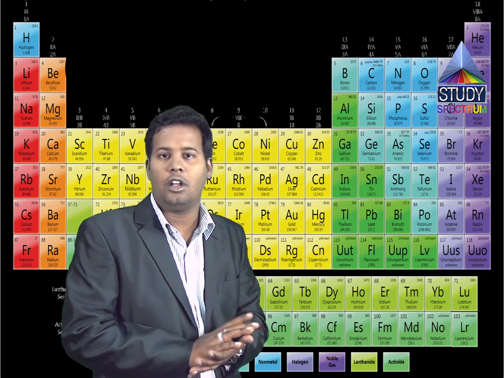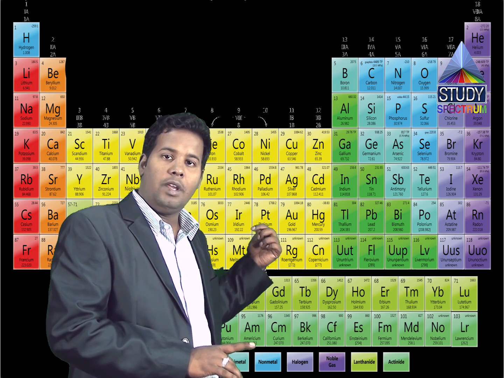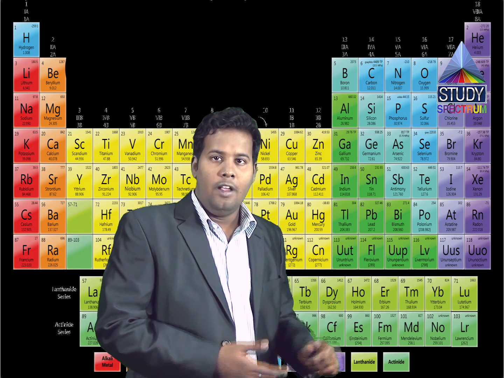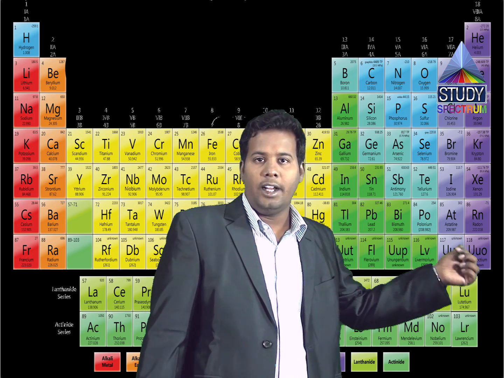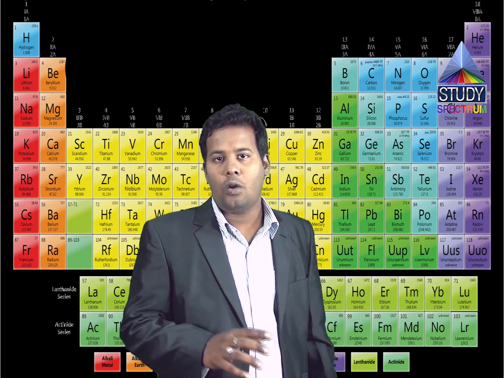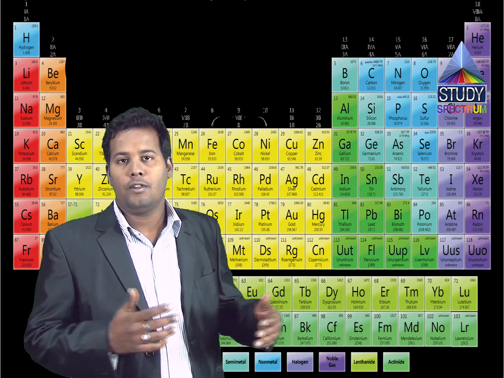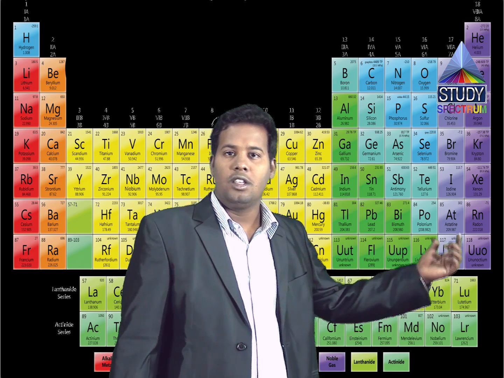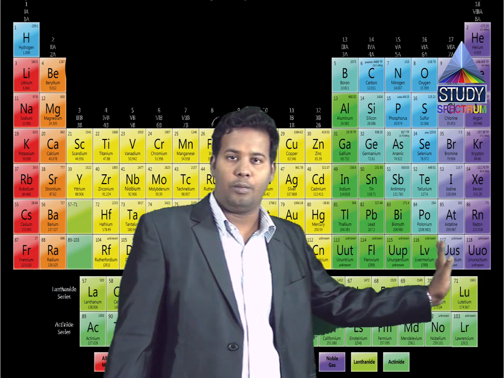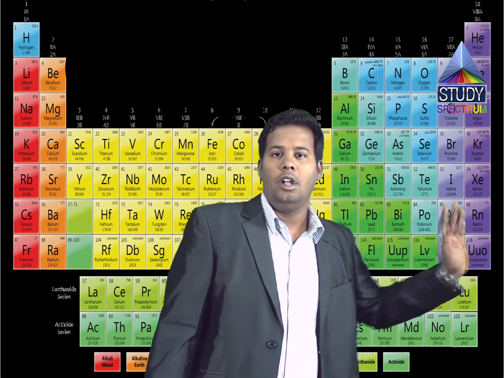Which means if we go to the second group of P block, it should have 4 outermost electrons in their valence shell, or 4 valence electrons for all the elements of the second group of P block, but from the start it is the 4th group. First and second of S block, third and 4th.